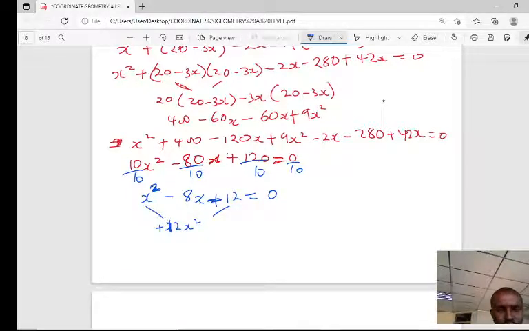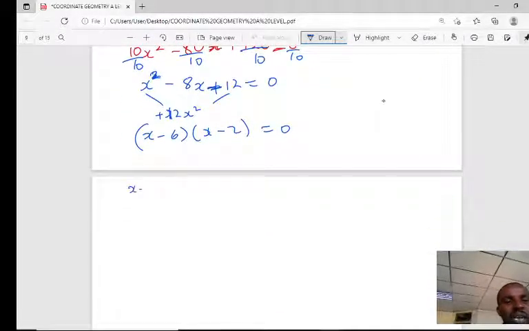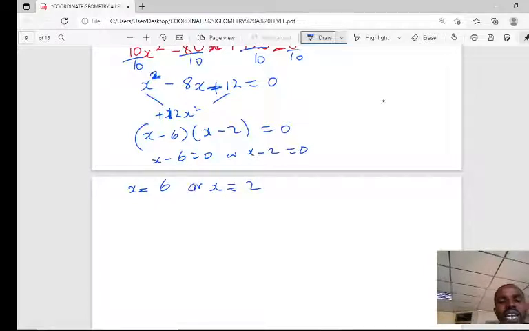Minus 6 and minus 2. Yes, those are the numbers. So it will be x minus 6 and x minus 2 is equal to 0. These are the factors. So from this, x minus 6 is equal to 0, or x minus 2 is equal to 0. So you get x is equal to 6, or x is equal to 2.